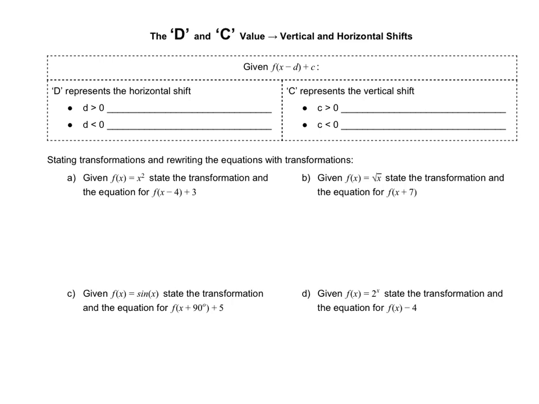So for your D value, which is your right-left movement, when D is greater than 0, then your bracket is actually going to look like X subtract your positive number. So it is X subtract a number. So when you see subtraction in the bracket, it actually means you're shifting to the right, however many units.